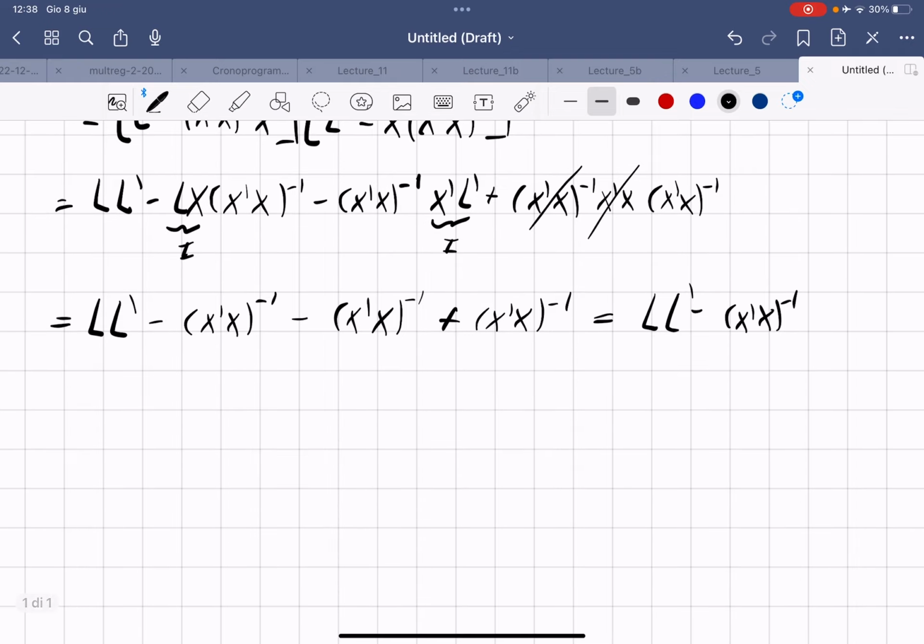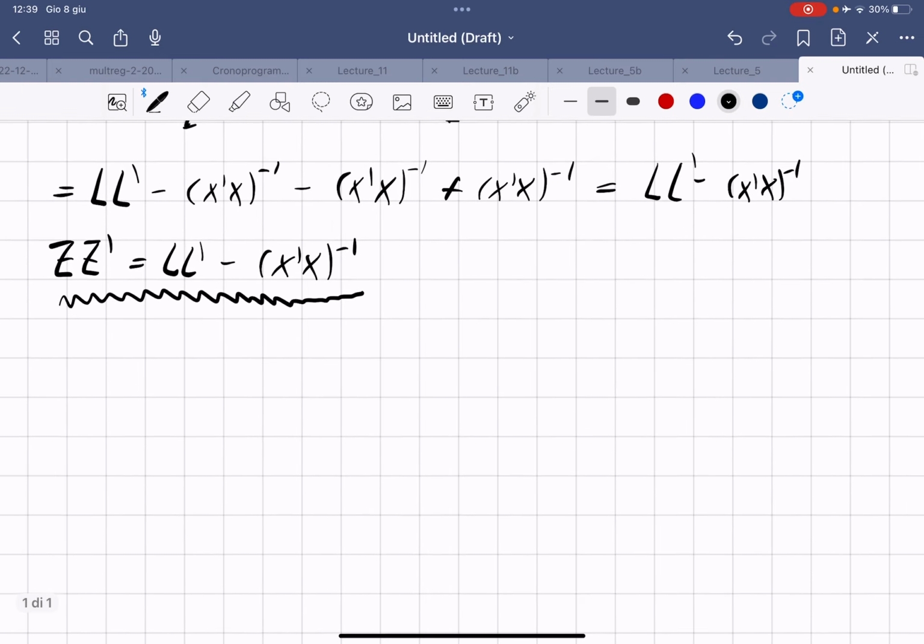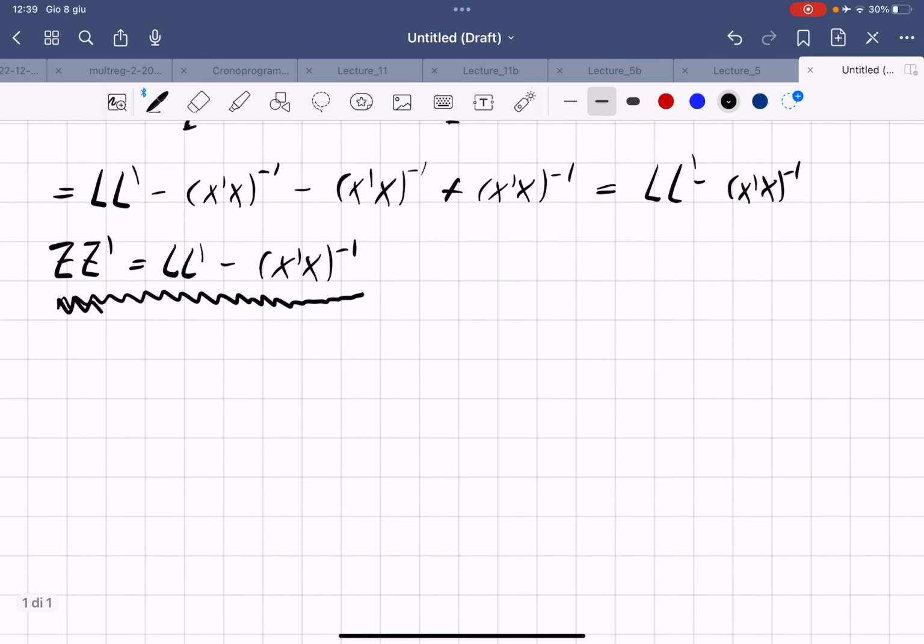We take this, Z Z transpose, equal to L L transpose minus X transpose X inverse, and we will use it later. Keep this in mind.